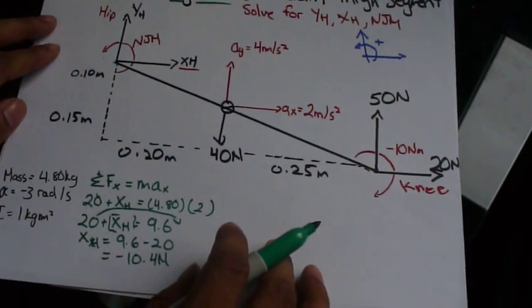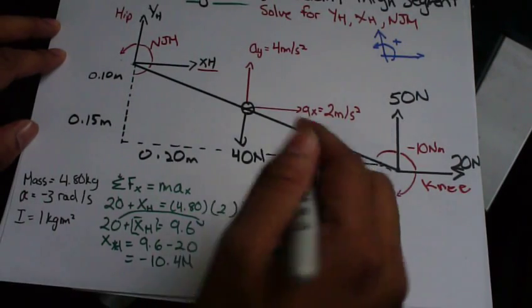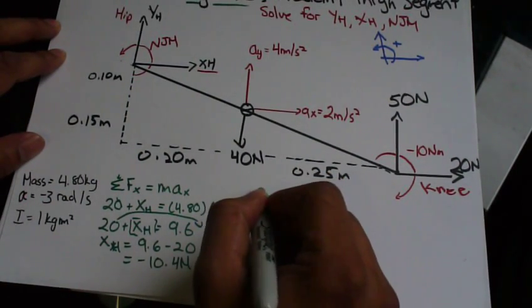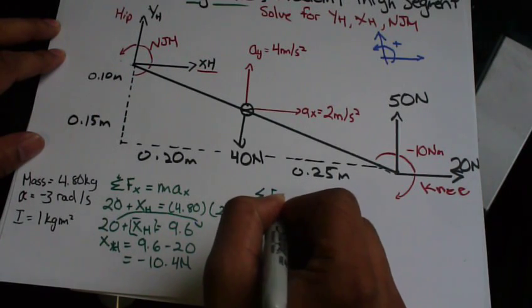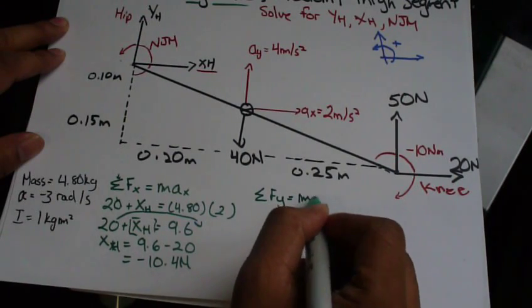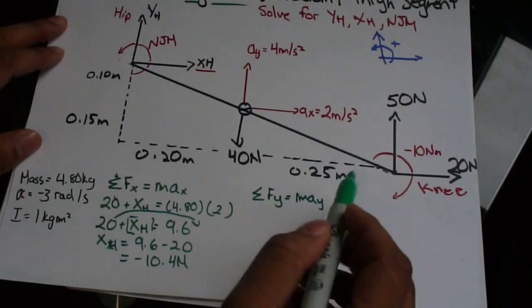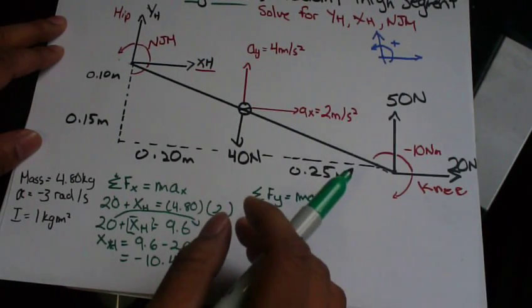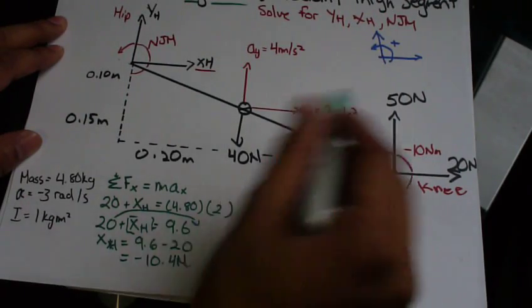And now we're going to do the same for the y direction. So the sum of forces in the y is equal to m(a)y, right? So what are the forces in the y direction? We have 50 here.